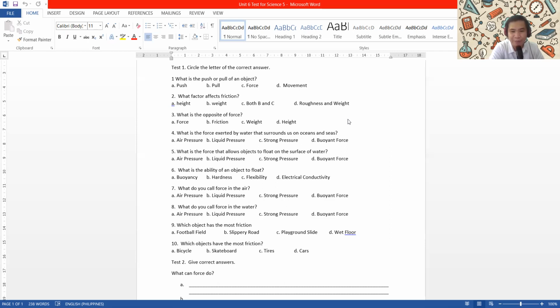Let's go to number 4. What is the force exerted by water that surrounds us on oceans and seas? I'm going to explain this one. We have different pressures or forces. Pressure is when there's a different force applied to a specific area.